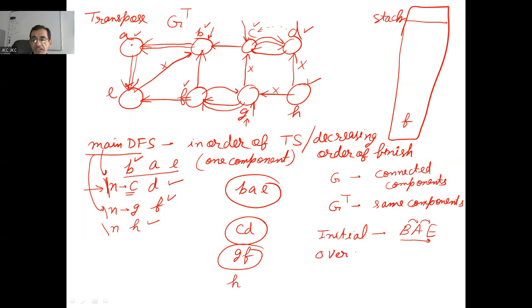Over G raised to T, you could effectively find whether E, A, B will also be possible or not. So if you could get the same connectivity and same traversal possible in sequence repeatedly in the transpose as well as in the original, then they deserve to be called the same component. And that is why the concept of DFS with graph transpose is also used to solve this problem.